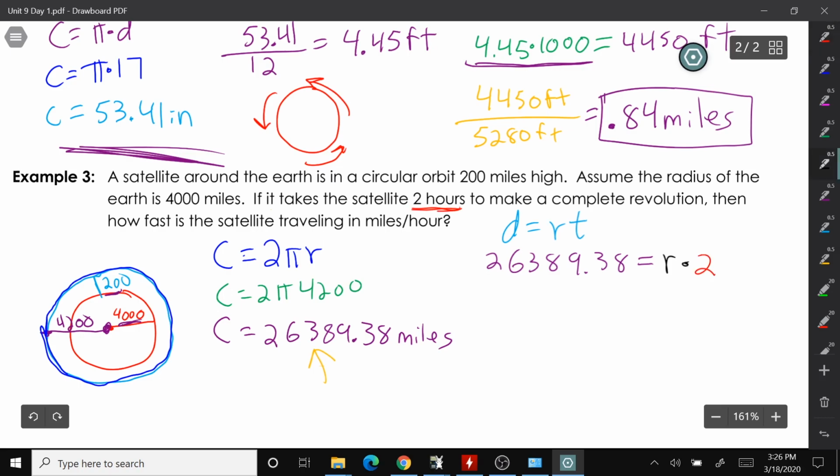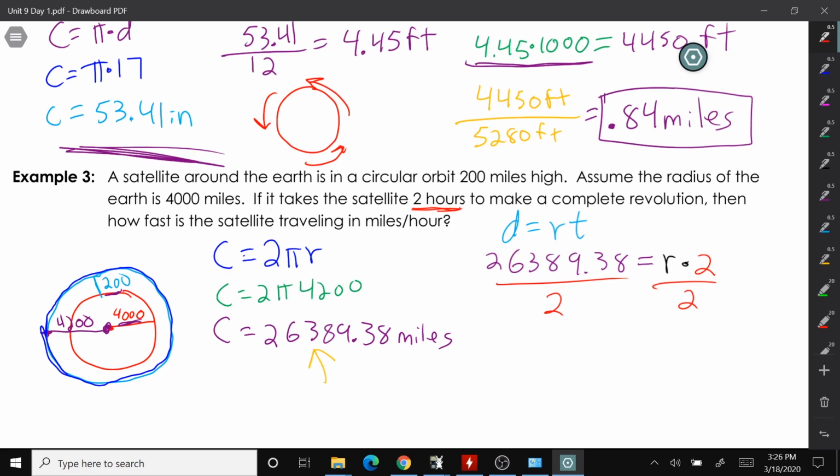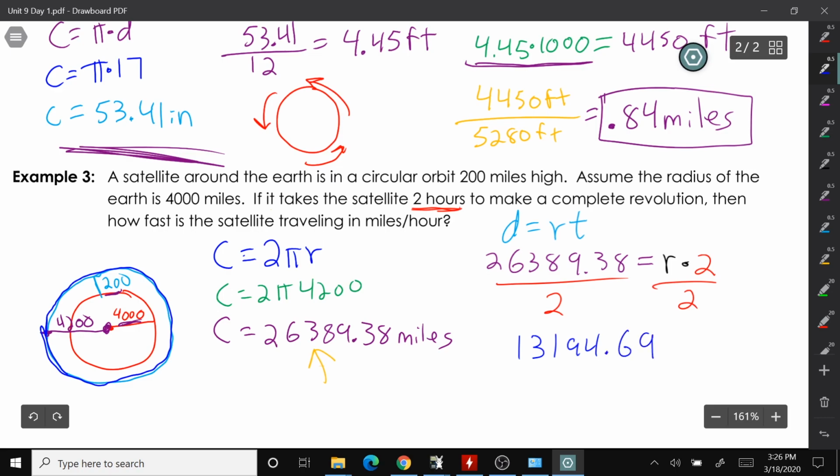So then we divide both sides by 2, and we get 13,194.69 miles per hour.